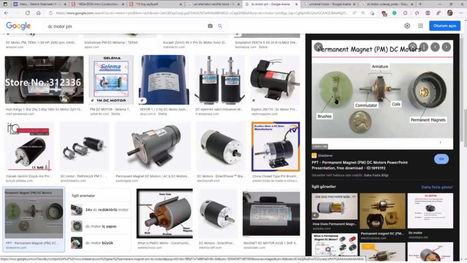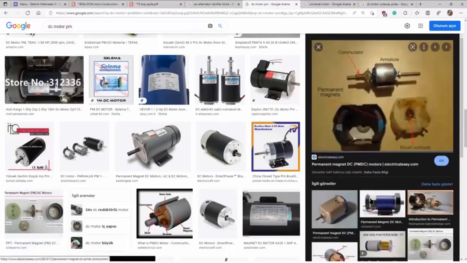Here are the brushes. There must be some commutator here. We will talk about it later. You see permanent magnets. Again, the form is a little bit different. It looks like square and round. It is round here. It is flat here.